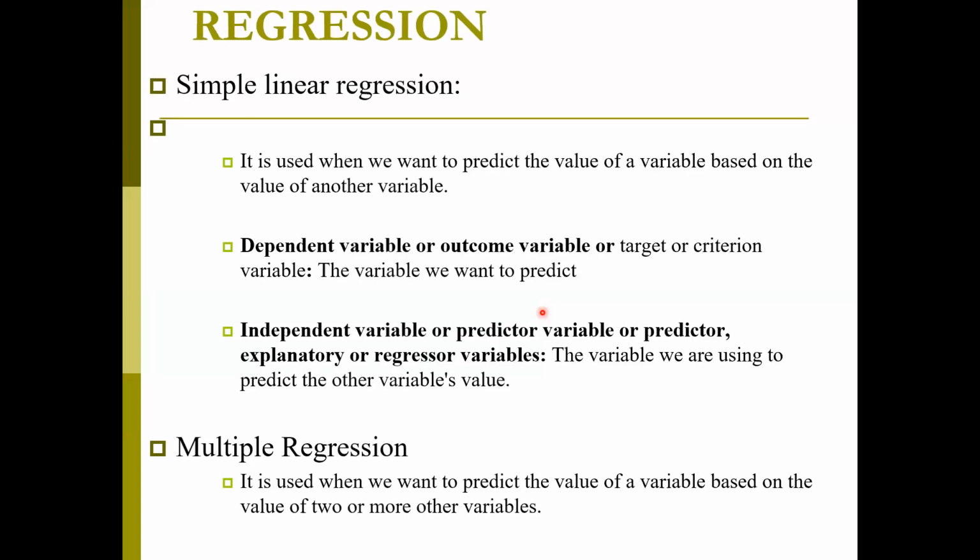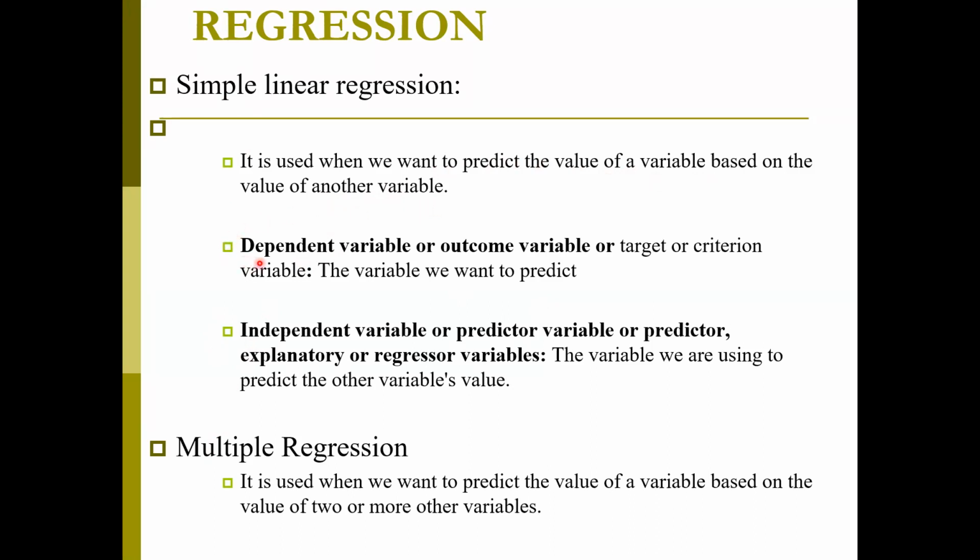Okay, so in regression, there are two main types, simple and multiple. In a linear regression, we want to predict the value of a variable based on the value of another variable. Remember, it is singular, one variable as against another variable.